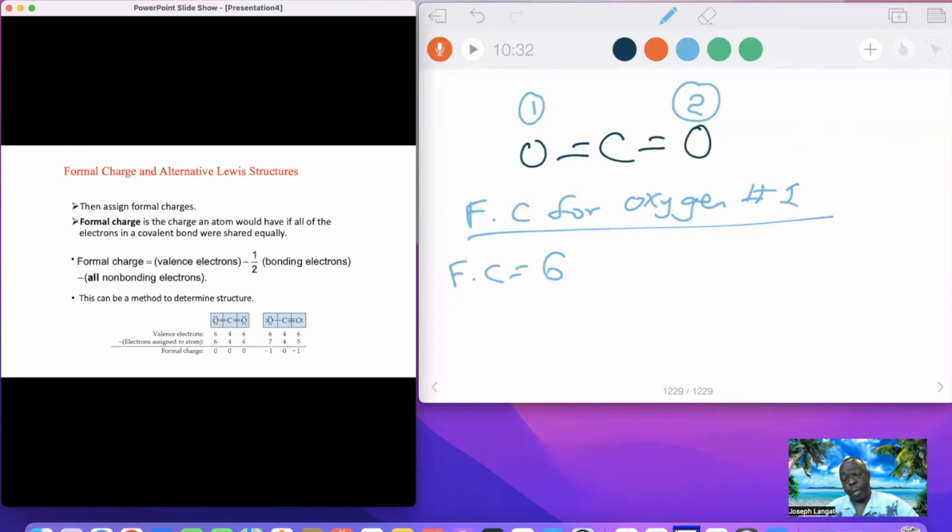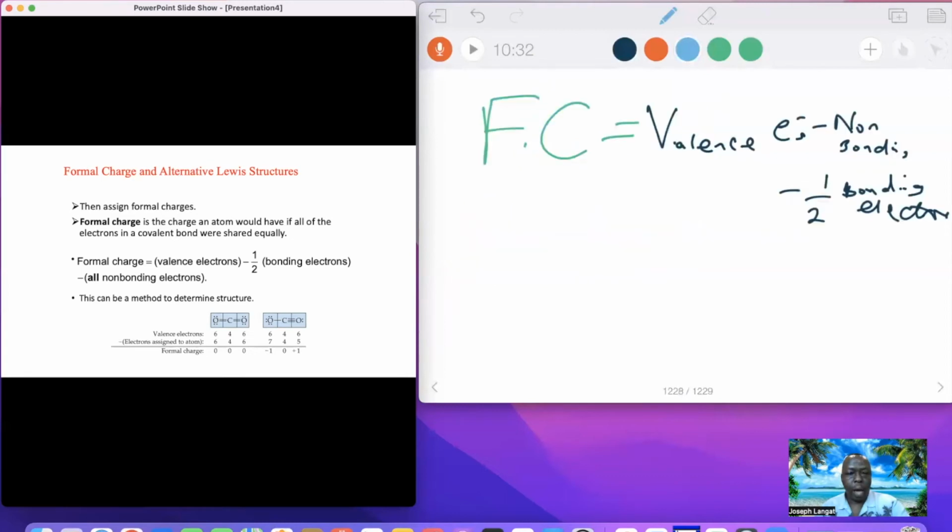If it was a different element, then in this case, being a main group element, just use the periodic table. Minus, here there are 4 electrons: 1, 2, 3, 4. So minus 4, you see, this is the nonbonding.